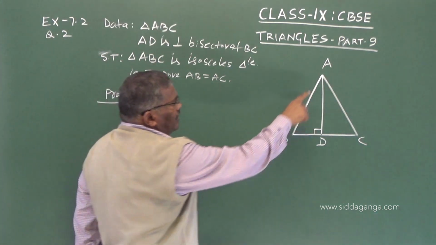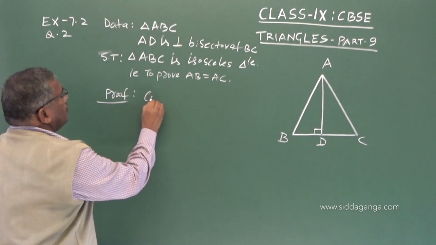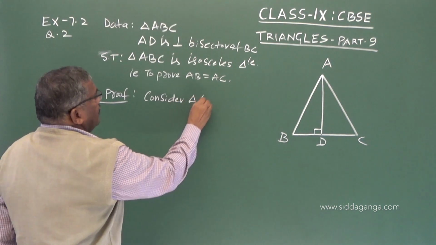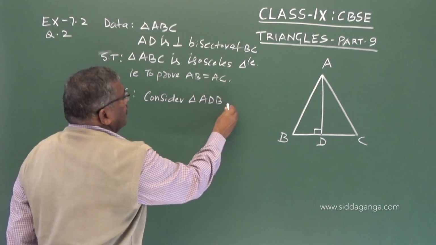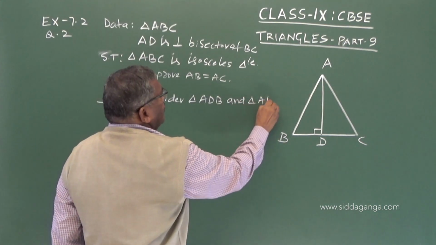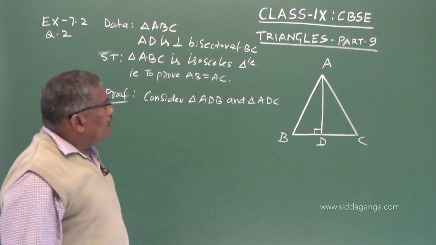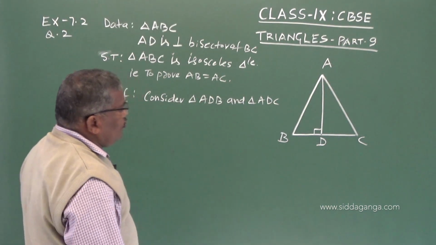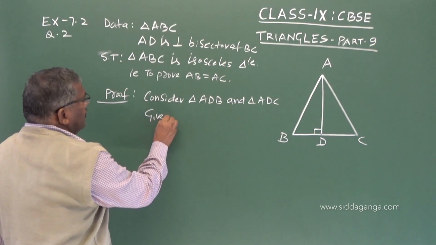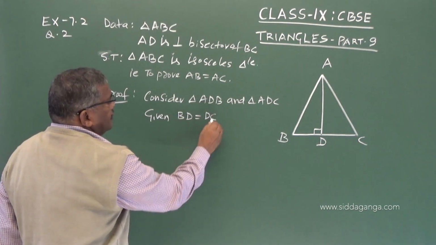Now proof. So consider triangle ADB and triangle ADC. So in these two triangles, you observe, it is given BD equals DC.